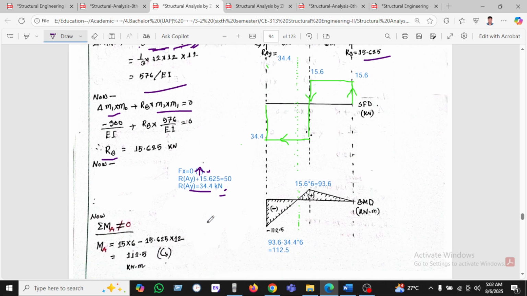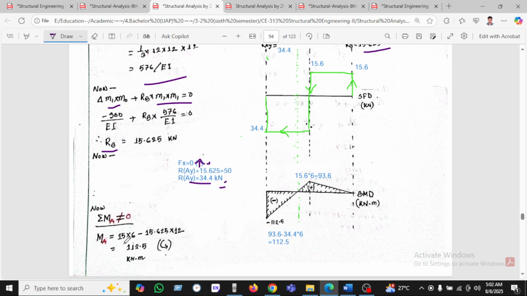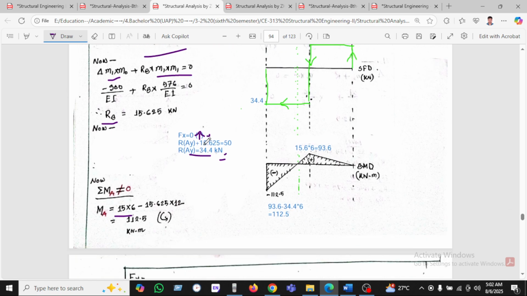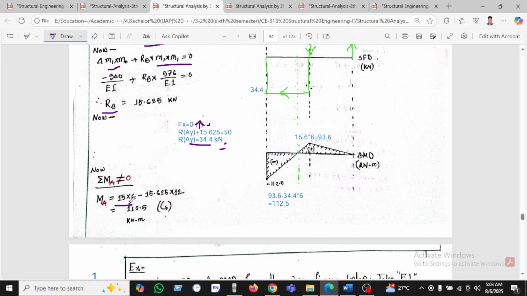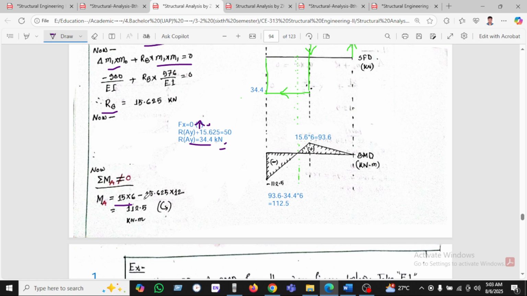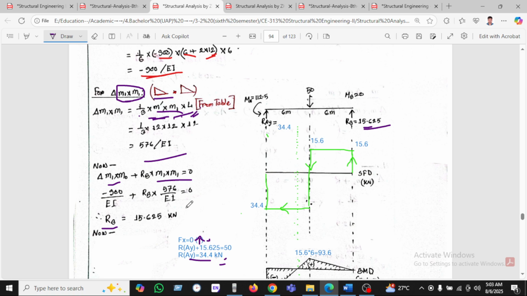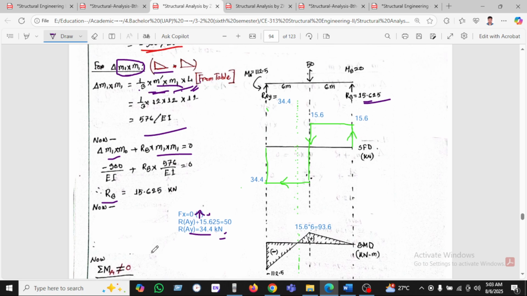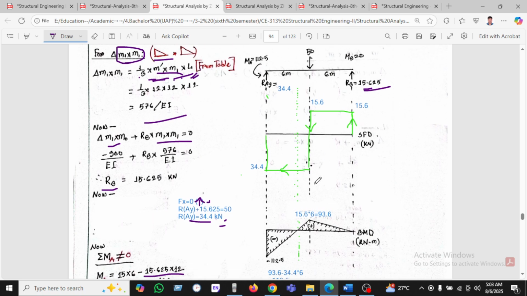After getting this value, we can also calculate the moment at A. I will calculate the moment at A with 15, and the distance is 6. We are calculating at A, 15 into 12.